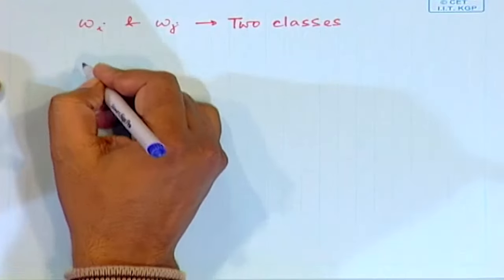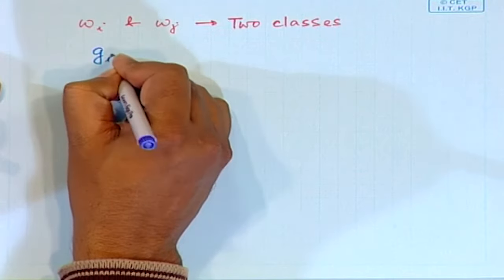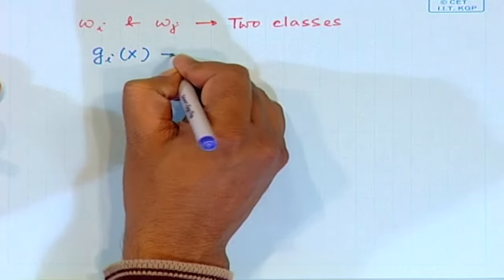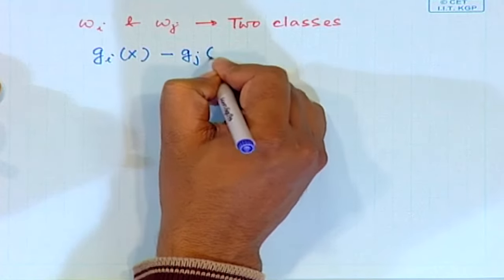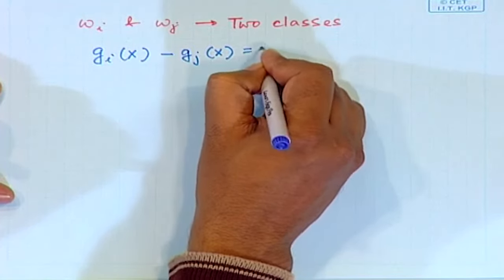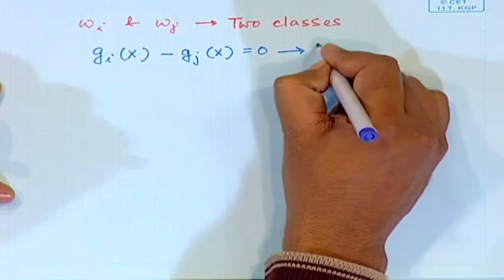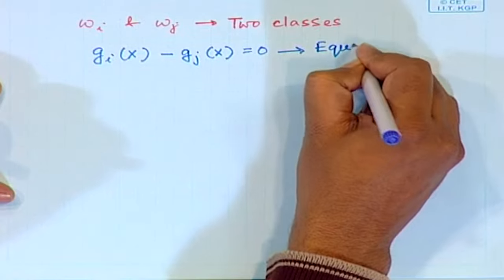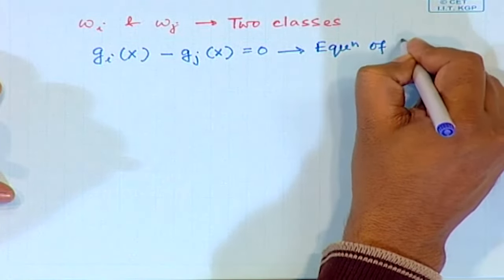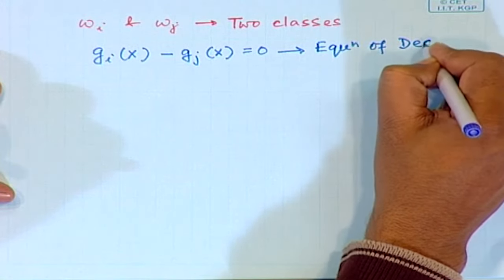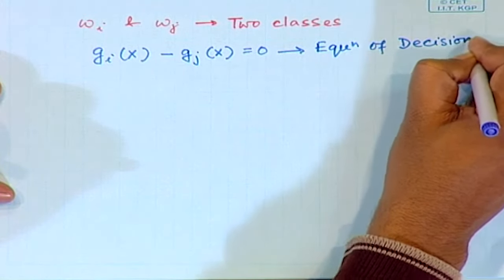That means the equation of the decision boundary is simply given by Gi(x) minus Gj(x) equal to 0. This is the equation of the decision boundary.